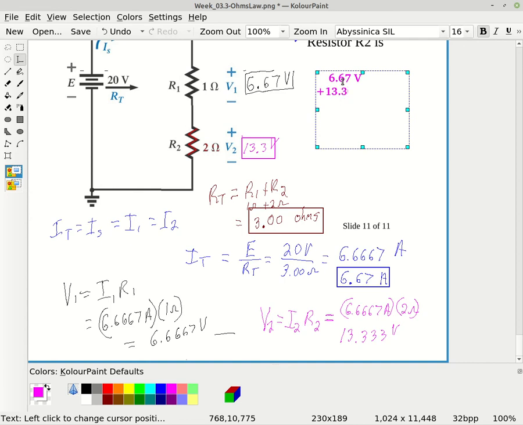What I'm trying to show you is that if you add these up, we would have 19.97 volts. Well, my question is, what happened to the other 0.03 volts? Where is that?